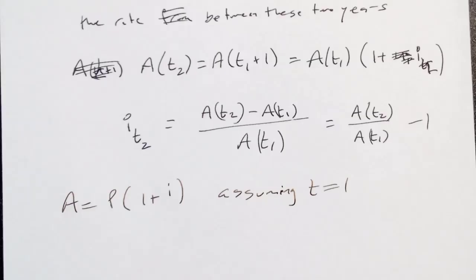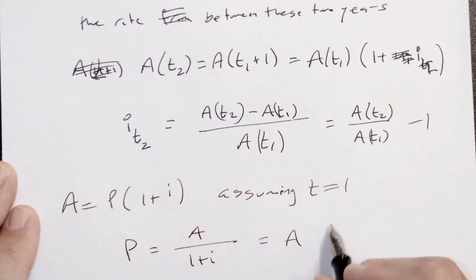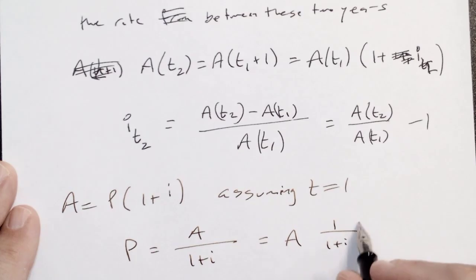I want to end up with 1 month from now some value of money, A. Then I can reverse this and say the amount I need today is A divided by 1 plus i. We'll sometimes write that as A times 1 over 1 plus i.